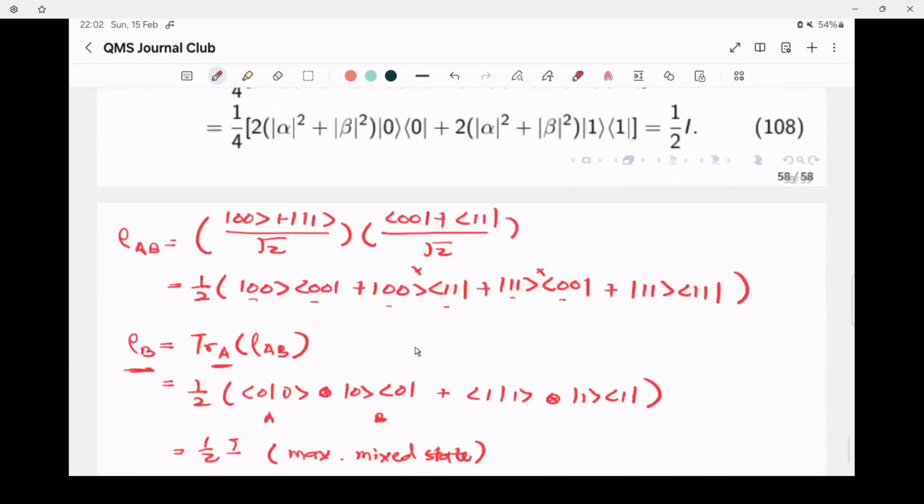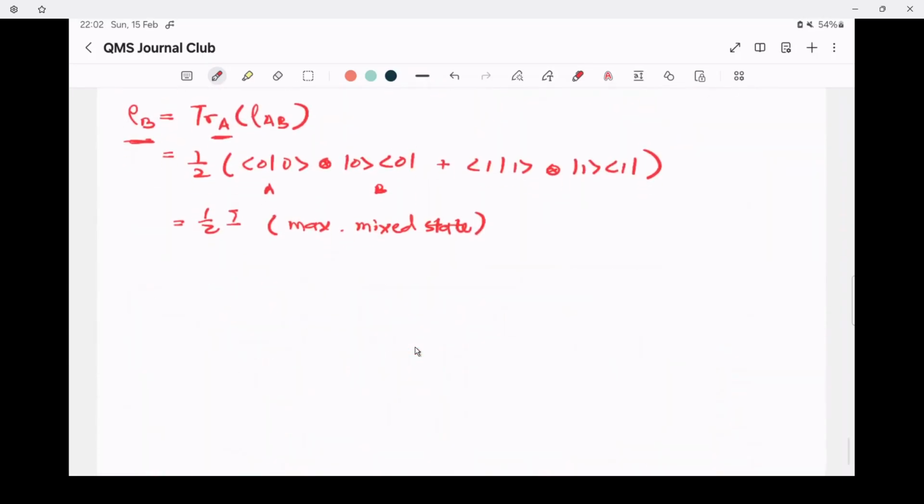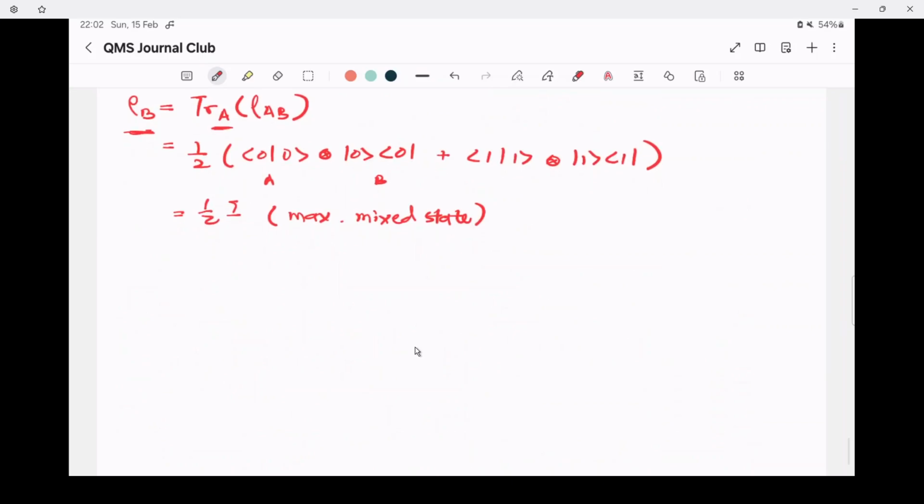So before I continue, the second part would be, let's say you have a pure state of this form, and can you show that your row A is a pure state? So this is the second question. So again, the first thing you need to do is to form the reduced density matrix. Oops, sorry.